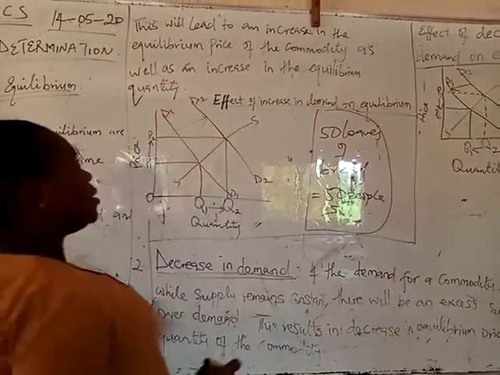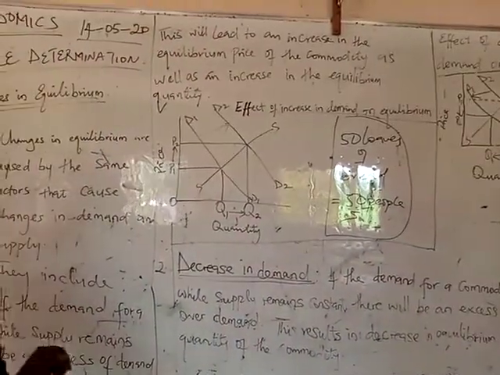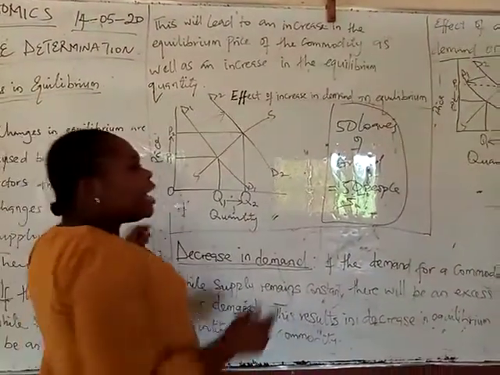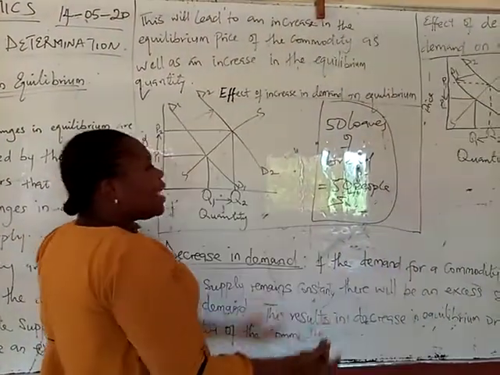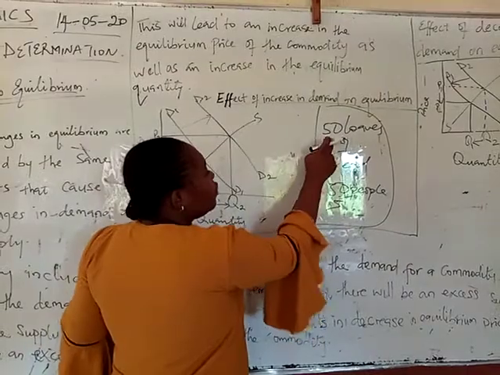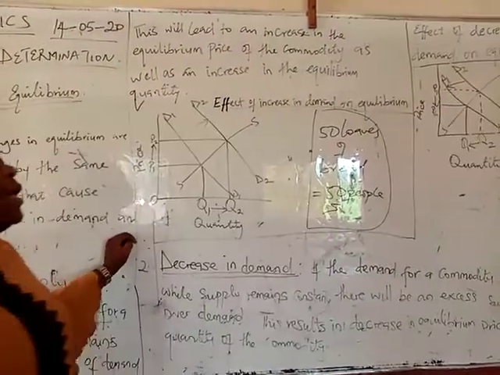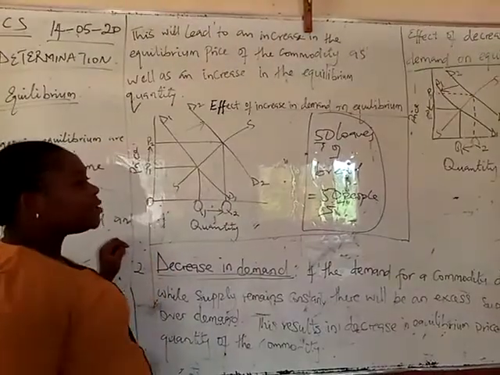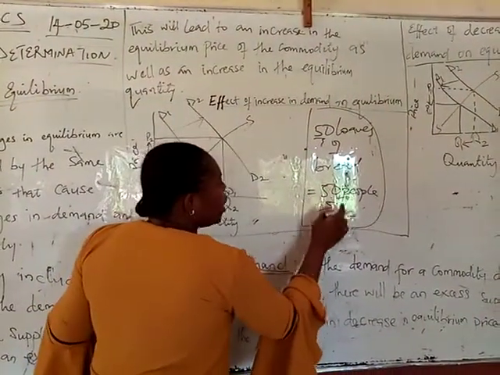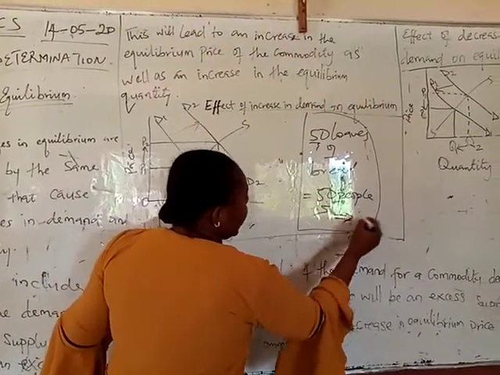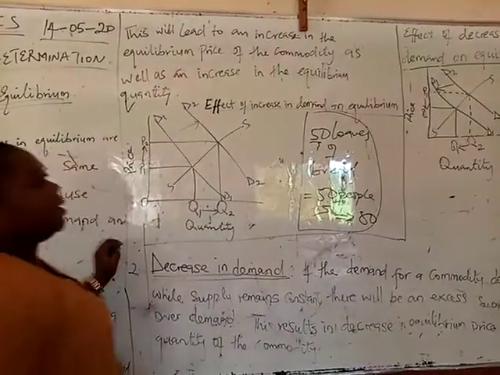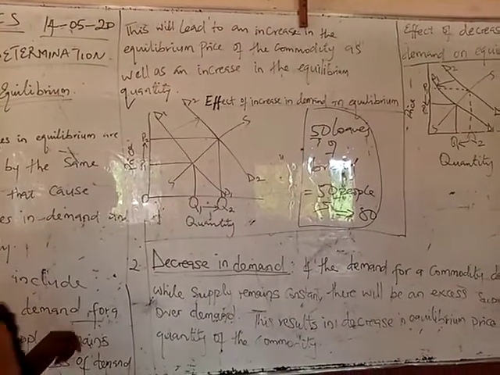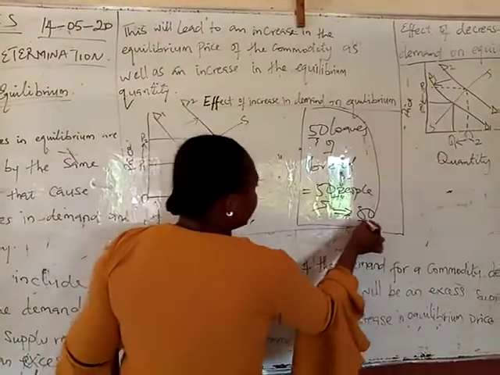Now, with this, we are talking about increase in demand. If the number of persons that demand for the breads available in the market, which is 50 loaves as we have said, increases from 50 to 80, it simply means that we have what we call increase in demand.